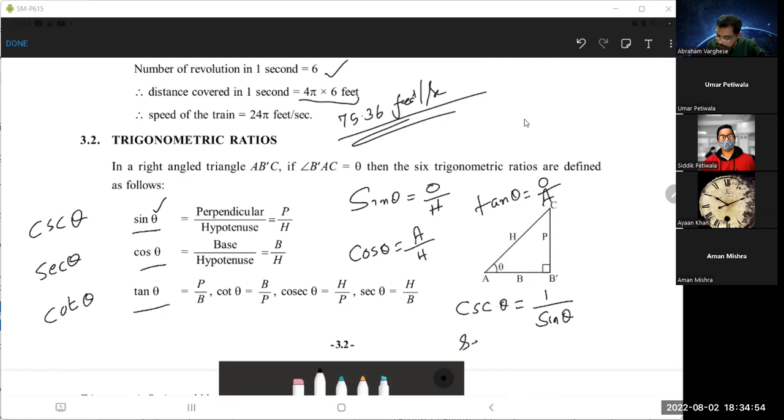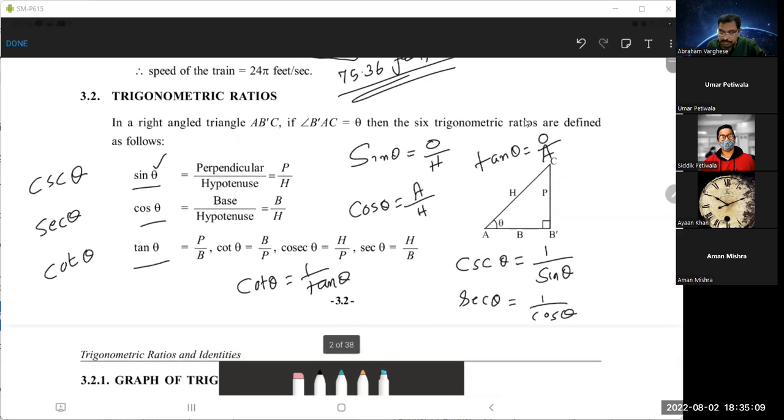Similarly, sec theta is equal to 1 over cos theta, and cot theta is equal to 1 over tan theta. So these things we discussed, just a review, because you studied these in 9th standard as well as in the 10th standard.